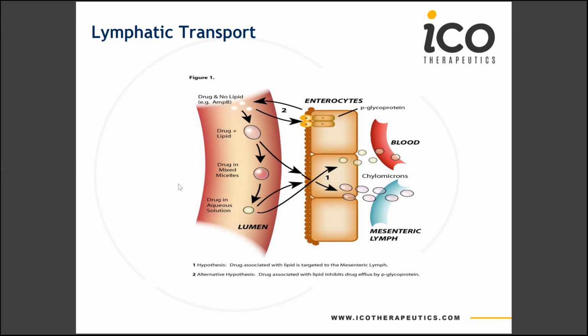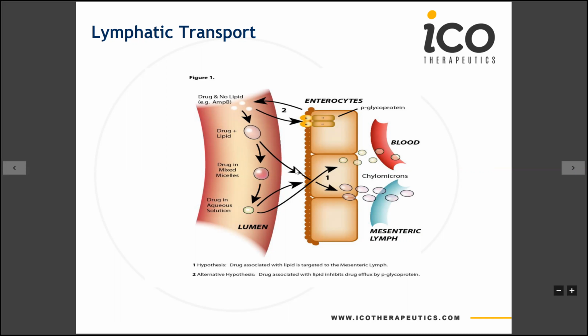So what is lymphatic transport? It's really like when you have a high-fat meal or a high triglyceride meal. It does the same thing. Lipids and drug will come into your GI tract. Instead of being absorbed from the GI tract into the portal vein and taken into the liver and then passed out from first-pass metabolism, amphotericin B formulated in these lipids can be taken up through what we call the mesenteric lymph duct.